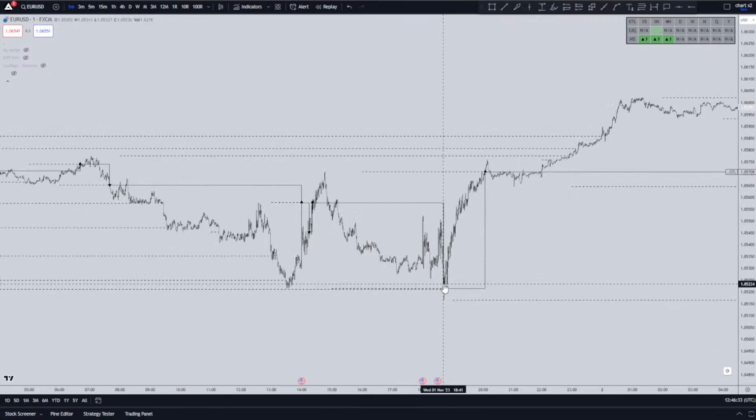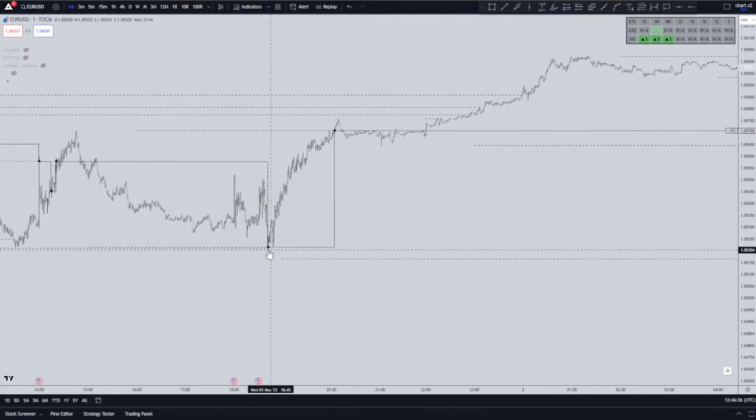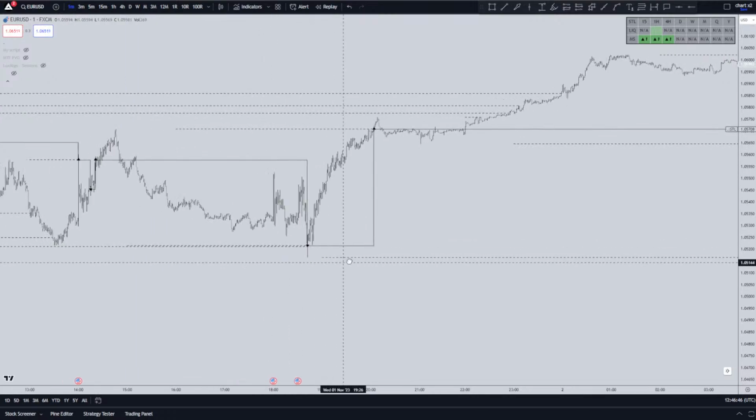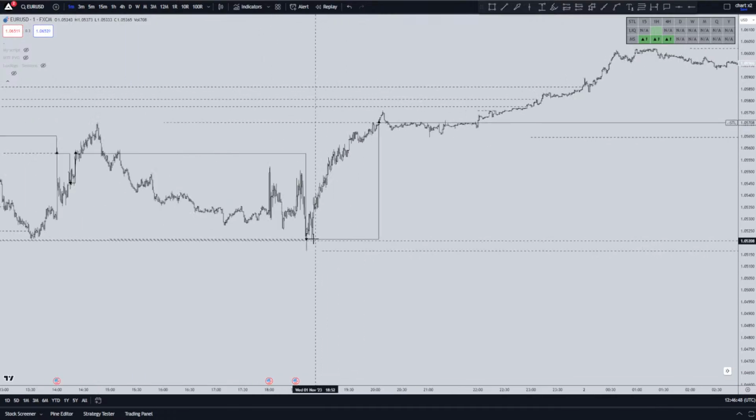So if it does the break of structure, it stop hunted one side, stop hunted another side, so it provides you the breakout of the structure, but that level is either going to hold or fail. If it fails, that's just a stop hunt.